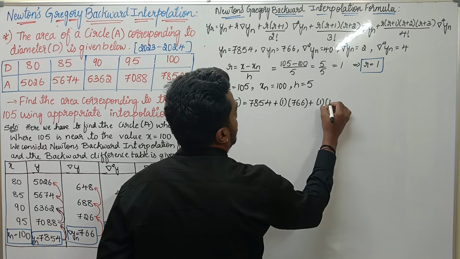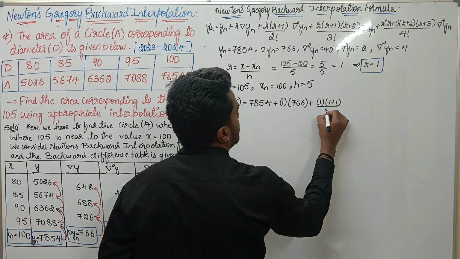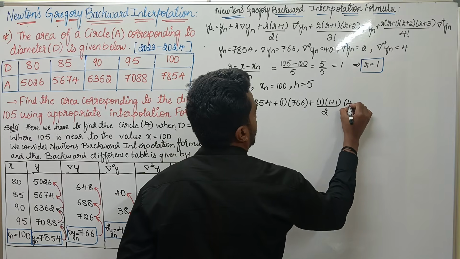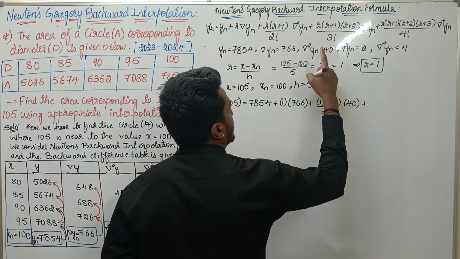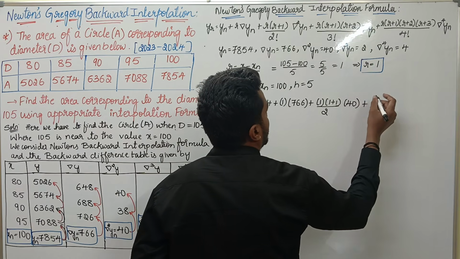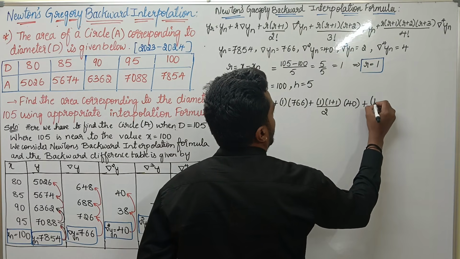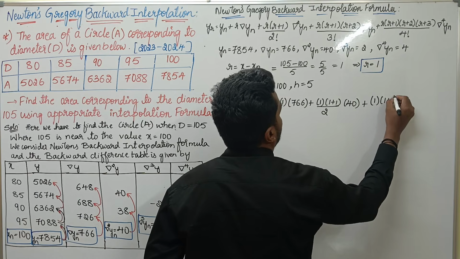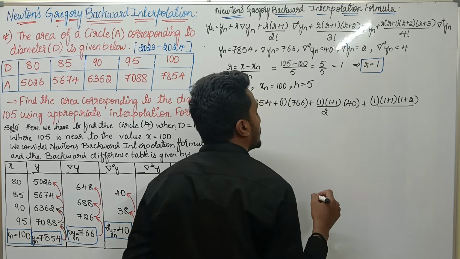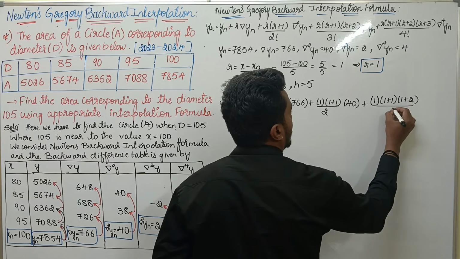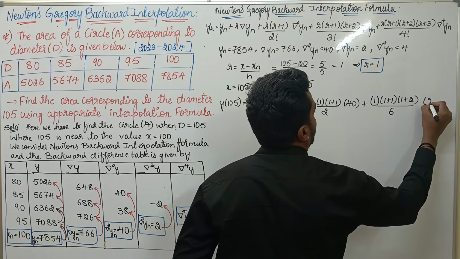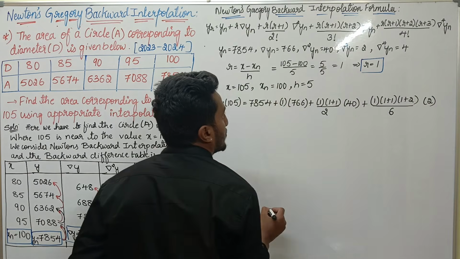R is 1, so 1 into 1 plus 1, and 2 factorial is 2 into 1, that is 2, into backward square of yn, 40. Plus r into r plus 1 into r plus 2 divided by 3 factorial, that is 3 into 2 into 1, which is 6, into backward cube of yn, which is 2.